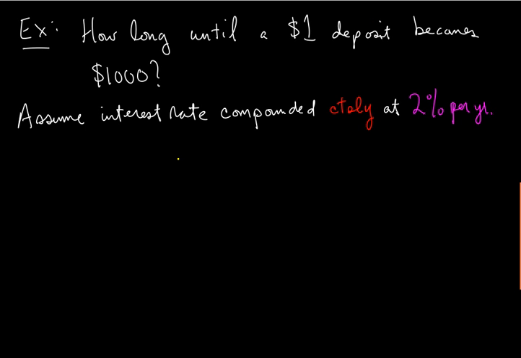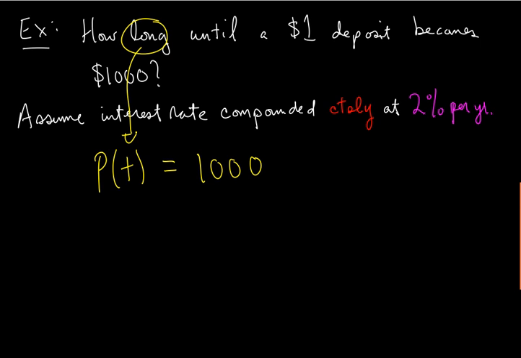Okay, so P of t should equal $1,000. How long? That means we have to solve for t. What is P of t? Well, it's just the initial amount times e to the, in this case, it's an interest rate problem, so our money is going to be growing. That 2% is positive, so it's 0.02 times t equals 1,000.